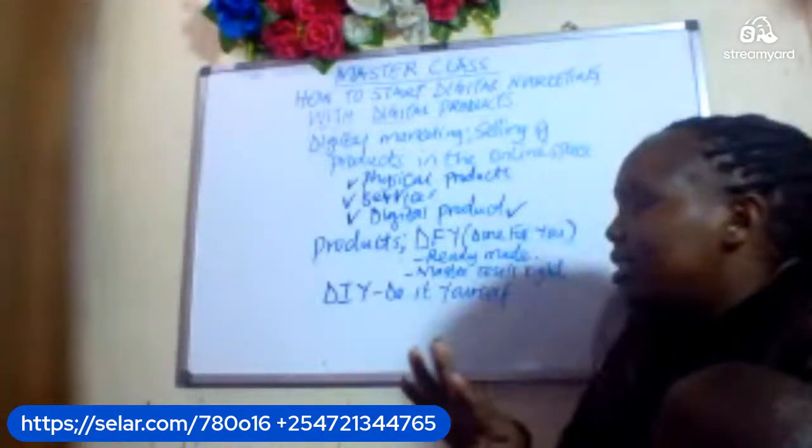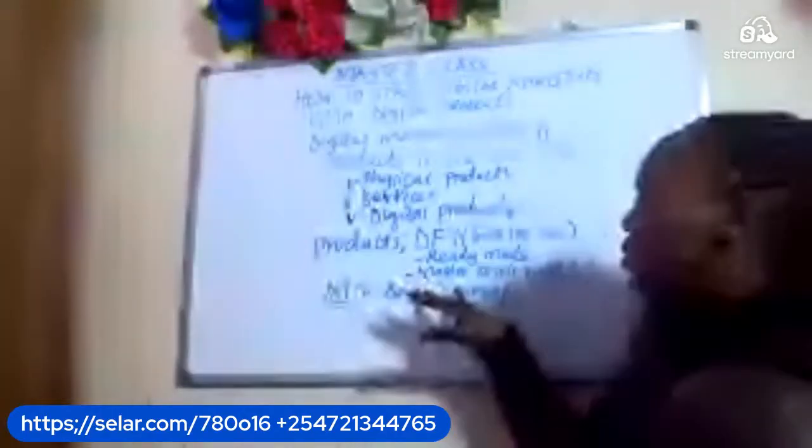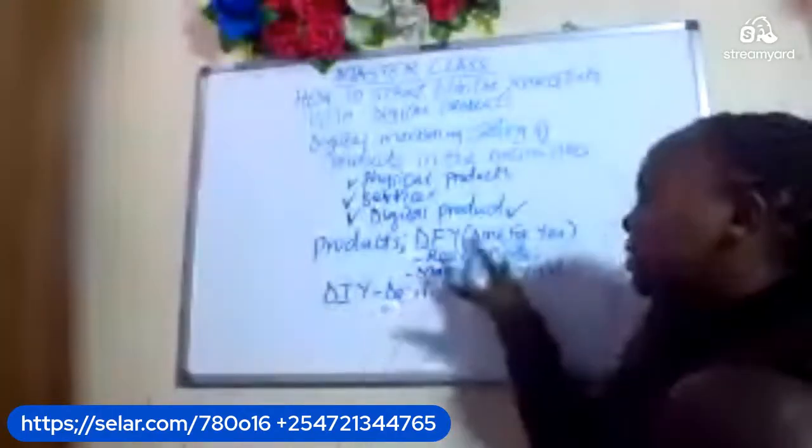And during my live sessions, I normally show people how to create their own. They can choose their path as being do it yourself, or they choose the simplest way to start with, the ready-made one. It's just as simple as that. You can choose either path.